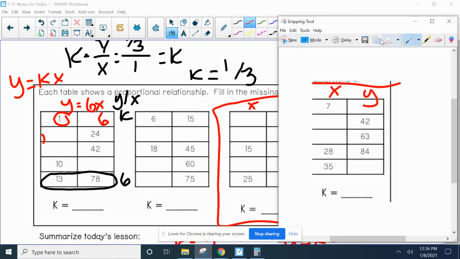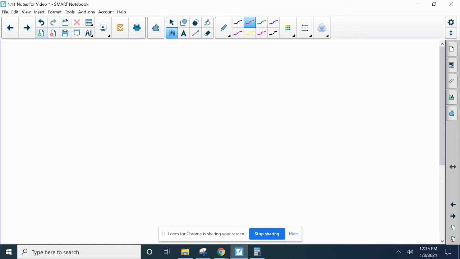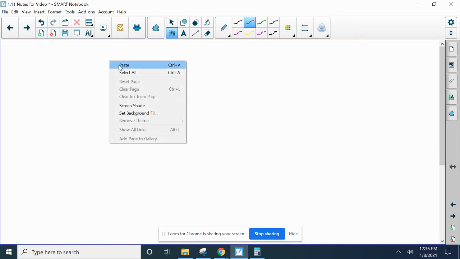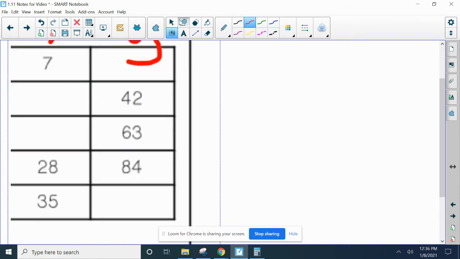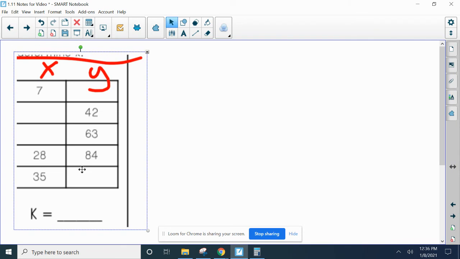Again, our first step is to find our constant of proportionality. And then we're going to use it in our relationship equation, which is always y equals k times x. So we know our constant is equal to y divided by x.